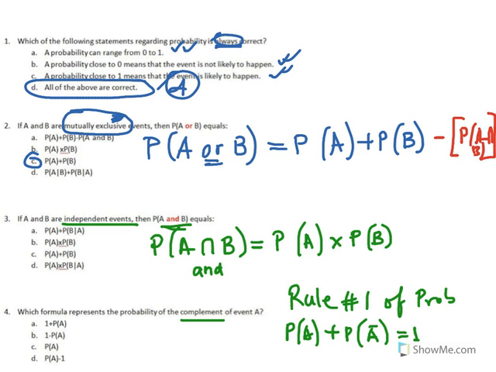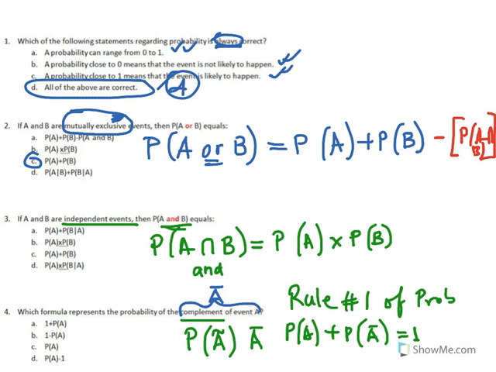You would see sometimes in some books that the complement of event A is written as A with a tilde. In this book we write it as A bar. So the complement of event A is A bar, and A plus A bar will be 1.